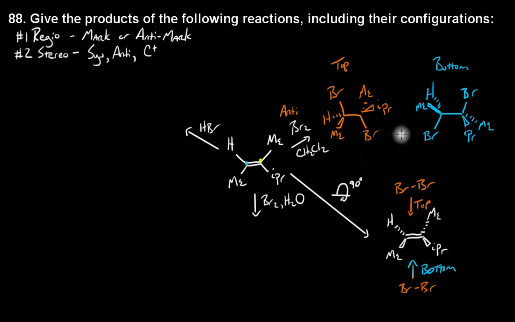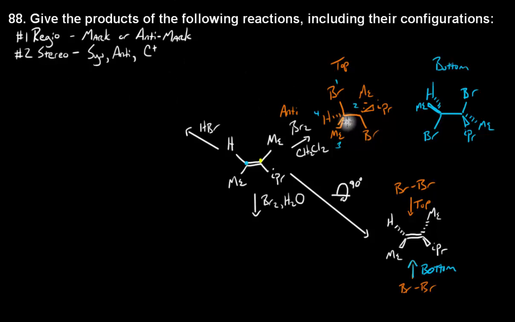Okay, so now if you look at these, you can go ahead and go through your R/S configuration designation and say Br is 1, and this is going to be 2, this is going to be 3, this is 4. Thank goodness the lowest priority is facing away from us, so it's pretty easy to say, okay, this is R. Great. Maybe I should go ahead and keep it in the same color just to make everything look nice.